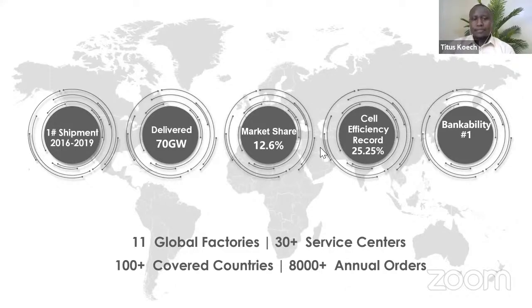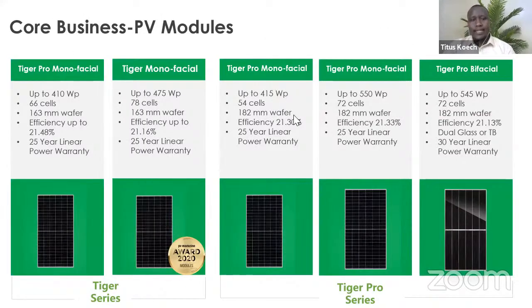As I said, as a manufacturer, our core business is solar PV modules. We do the manufacturing from the wafers to the cells, all the way to the PV modules. And currently, we have a total capacity of close to 30 gigawatts of global capacity. We categorize our PV modules into two different series, that is the Tiger series and the Tiger Pro series.